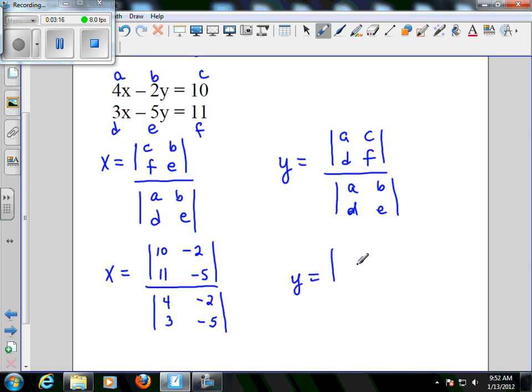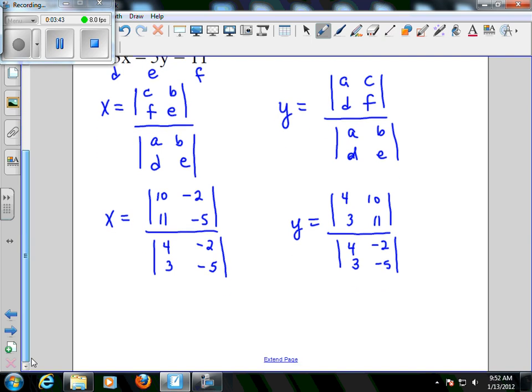Let's fill in the correct numbers. We have 4 for A, 10 for C, 3 for D, and 11 for F. And now for the denominator, we have the same thing that we had before, 4, 3, -2, -5.